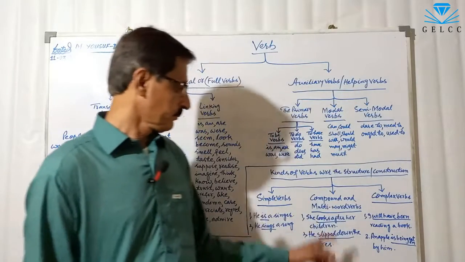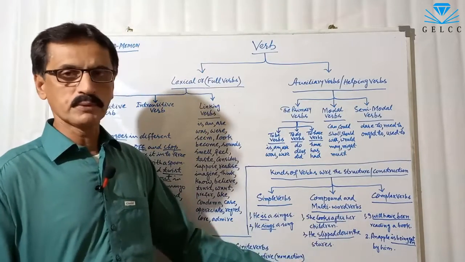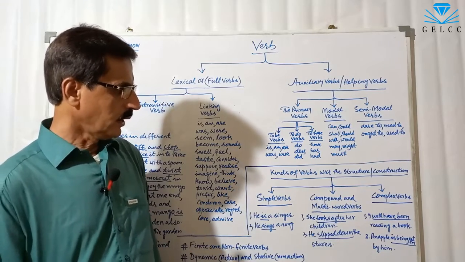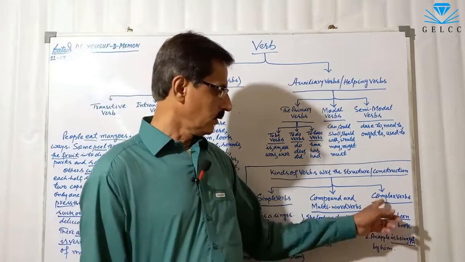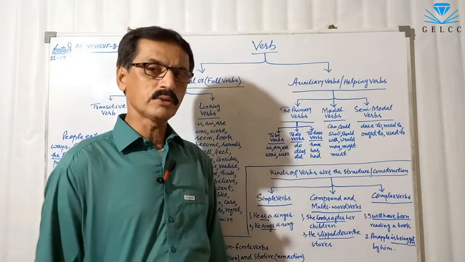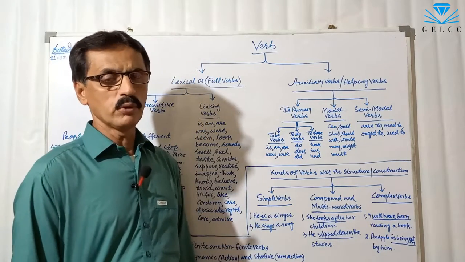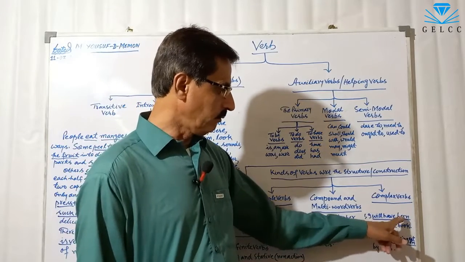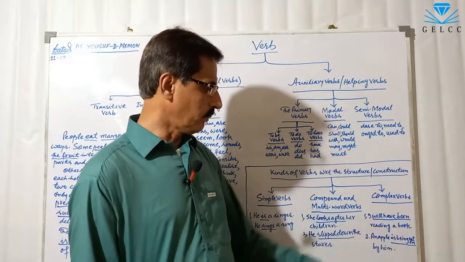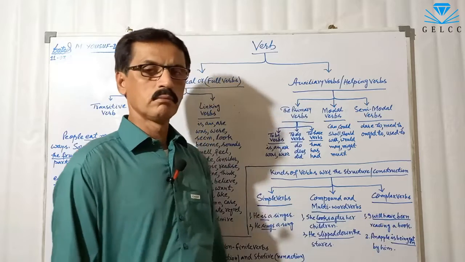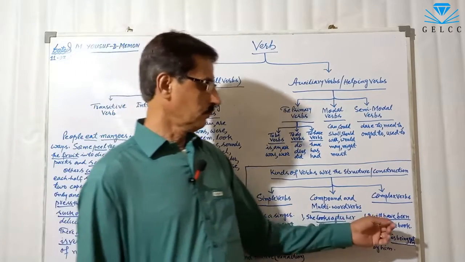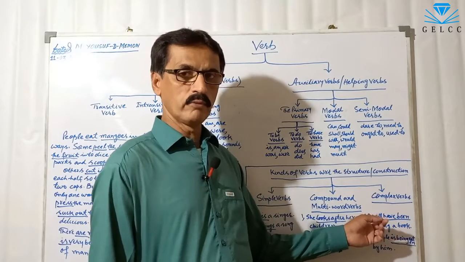These are multi-word verbs or compound verbs. And complex verbs. These are the verbs which consist of two or more words. I will have been reading a book. Will have been. More than one word.